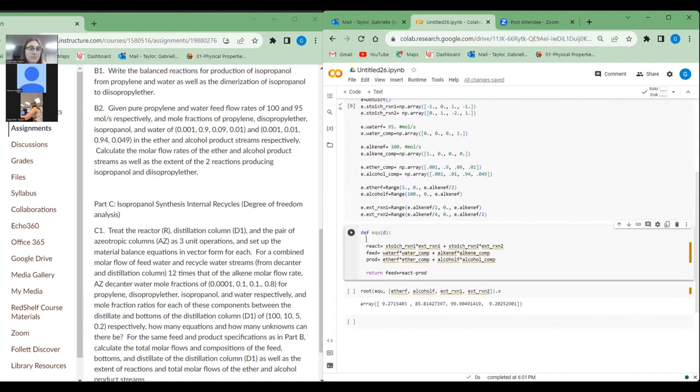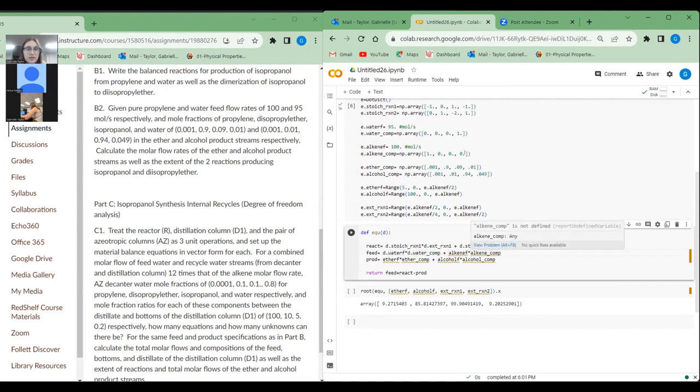So what we're going to do is put D in front of everything, and this is going to be denoted as a dictionary. So when we're going to put this into our root function, we're going to put our dictionary into this, and our dictionary should pull all of these from the dictionary, right? So let's put D in front of all of these. So D, okay, and then let's go to our feed.